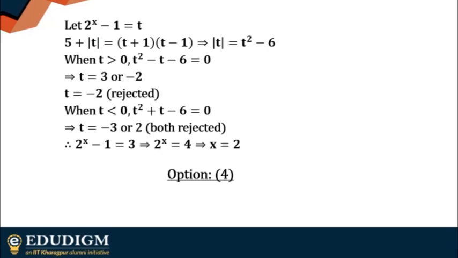Is there any doubt? So you're just getting one answer, which is x equals 2. Is this okay with all of you? If you have any doubts, just let me know in the chat box, or I will just move on to the next sum. Yeah, it's x equals 2.